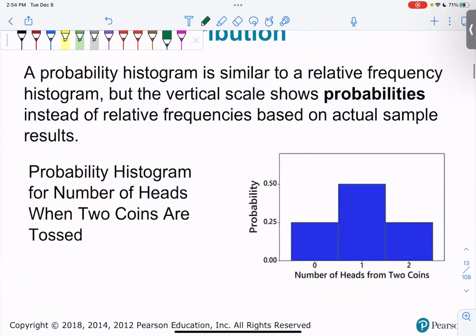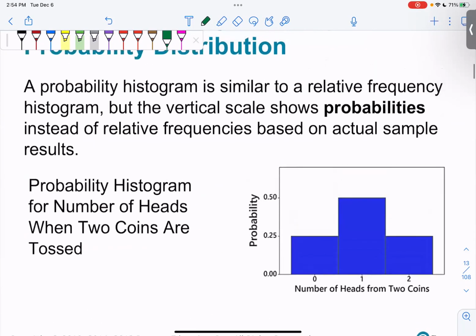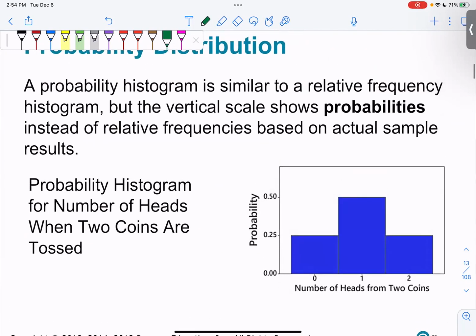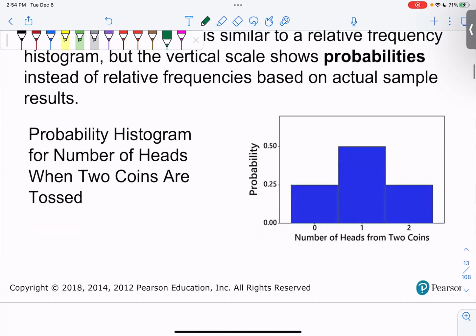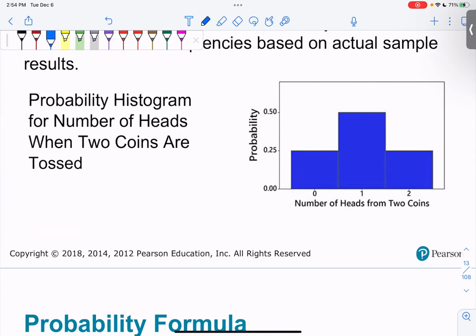Okay? And then the second way to introduce the probability distribution is using a graph. So now those are the numbers, right? That means x equals 0, 1, 2.